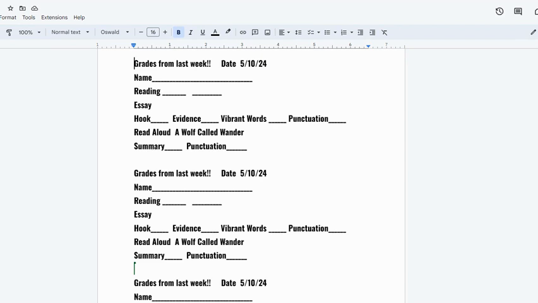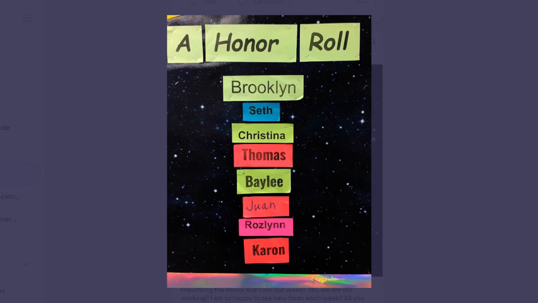Now, this little strip of paper gets glued in their notebook so mom and dad get to see it as well. But it doesn't end there. Nope. So every Sunday afternoon, I use those little strips of paper that have their grades to decide who's on the A honor roll, yep, straight A's, and who's on the B honor roll.